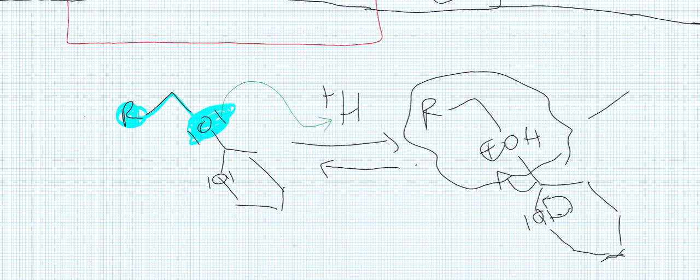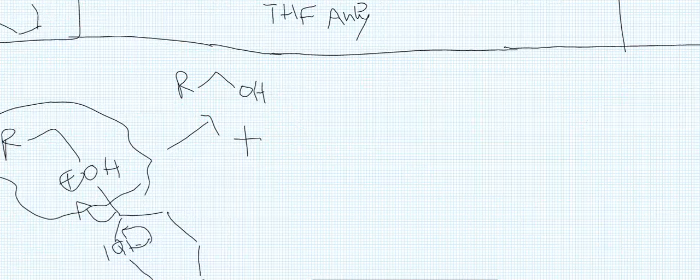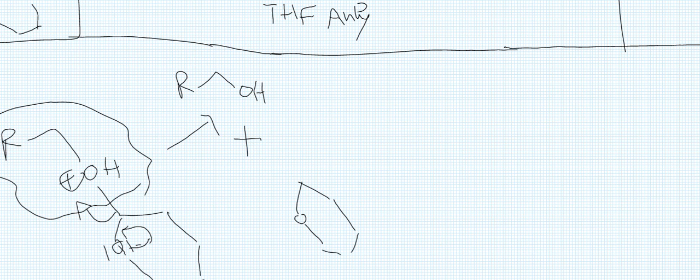So we form the alcohol ROH plus this molecule, the starting molecule, so this is an activated, sorry, not this. Let me draw it a little bit better. Like this. We form this activated carbonyl compound.